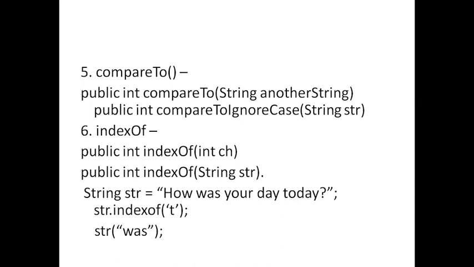The first str.indexOf will return the index value for t. That means h has the value 0, o has value 1, like that t has 17. So it will return the index value of t, 17. And here the string is "was", we have to find the index of was. Was is in the fifth position. So it will return that.